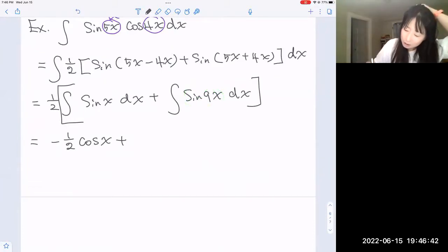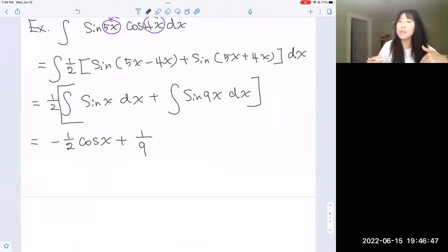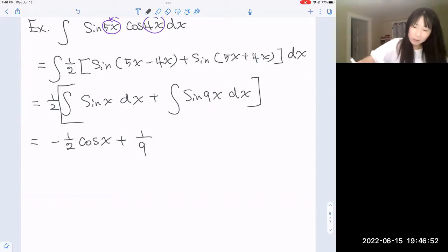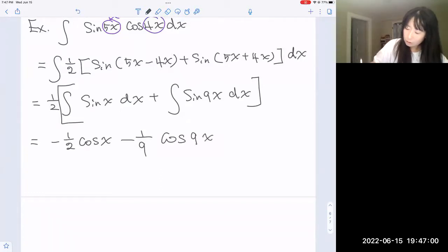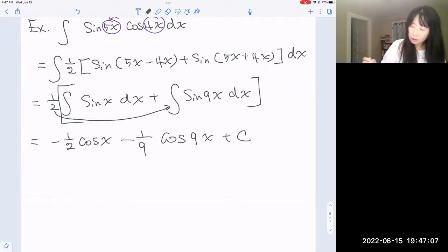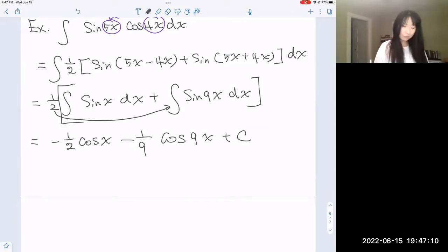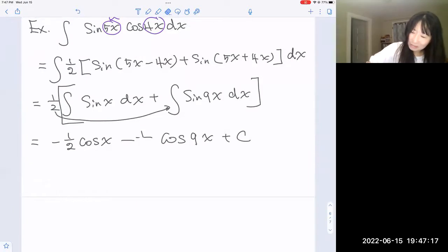And the antiderivative of sine is negative cosine. Good. So we will do that, plus C. Oh, I forgot. Distribute. So we will have 1 over 18. Good.